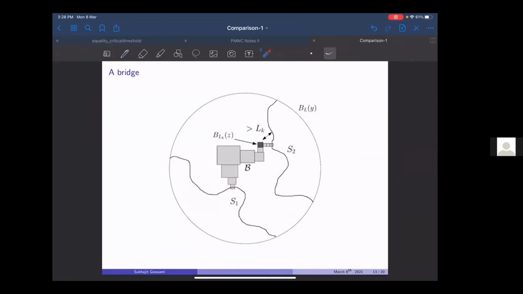Okay, this is a completely deterministic statement, a kind of geometric statement that you can prove.